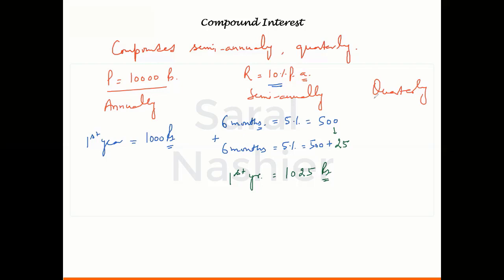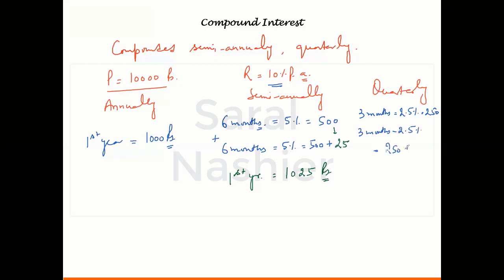Okay, what about quarterly? In case of quarterly, you are charged at the end of 3 months. Obviously, first time you will be charged 2.5%, which is 250 rupees. After another 3 months, you will be again charged 2.5%. And how much would that be?